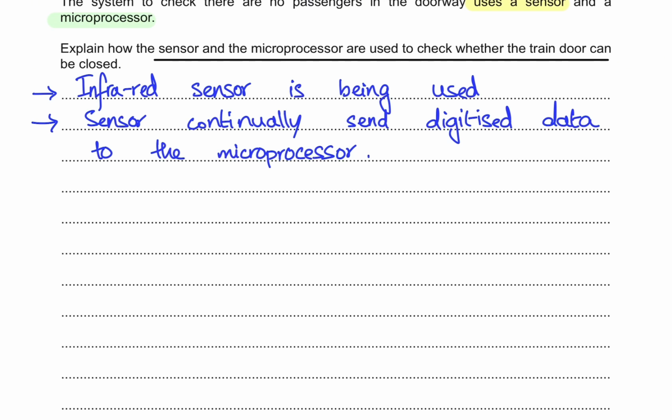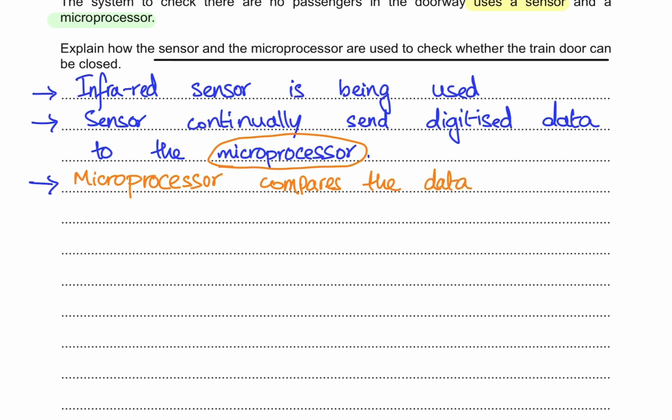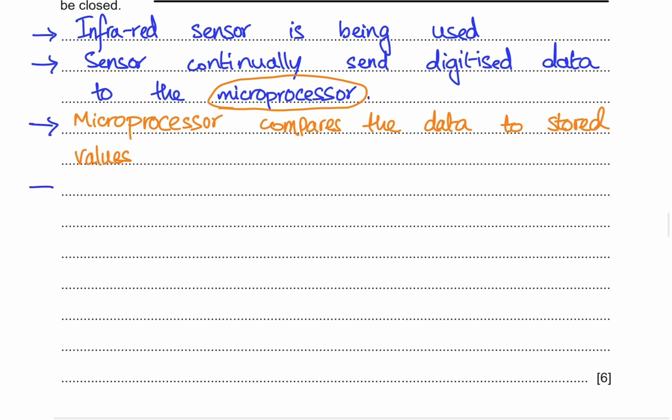And then the job of the microprocessor is to compare the data to the stored values. Since it's for 6 marks, 6 points would be fine.